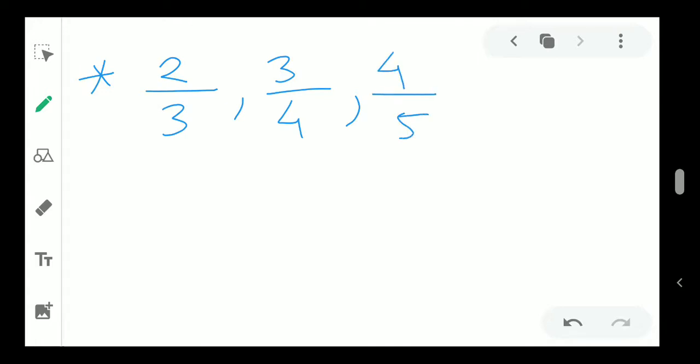By doing the LCM. Now you can have some comparison like this also: 2 by 3, 3 by 4, 4 by 5 and 5 by 6. Now compare them, arrange them in ascending or descending order. So in this case also you have to do the same. Find LCM.